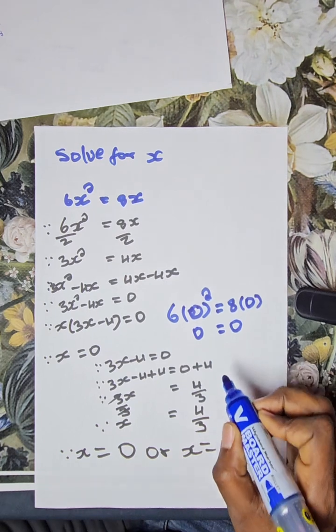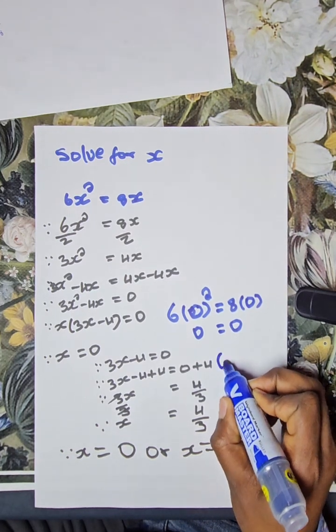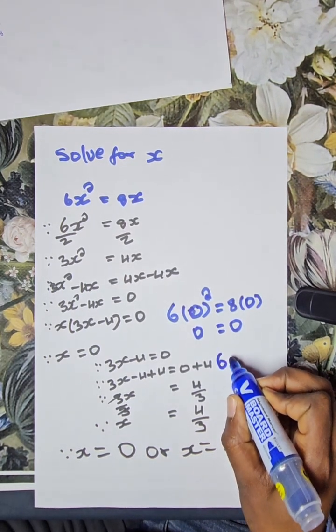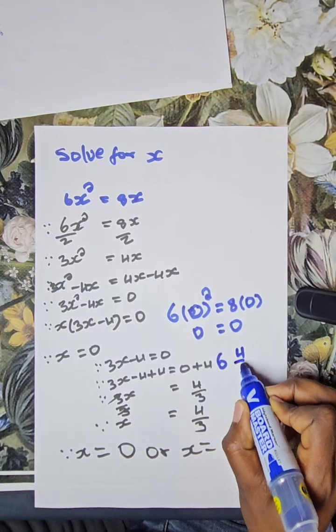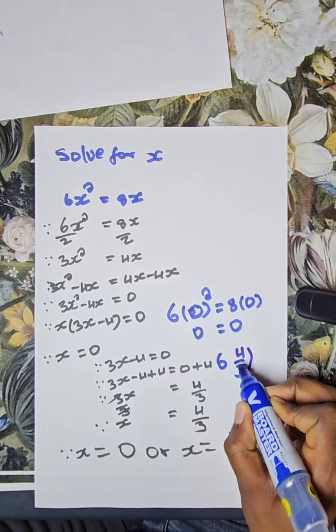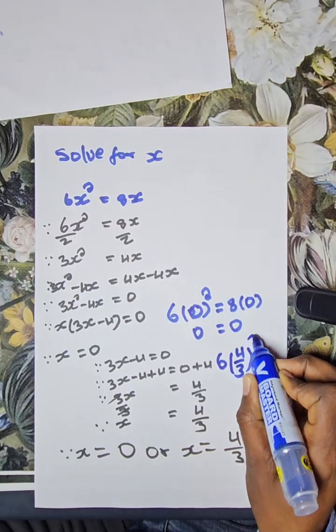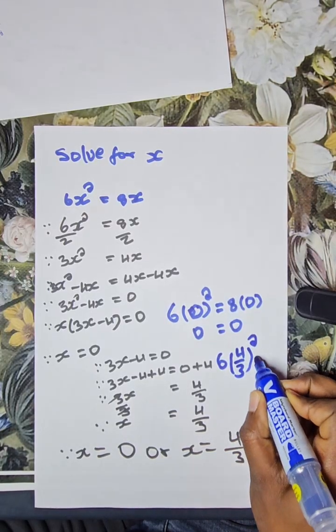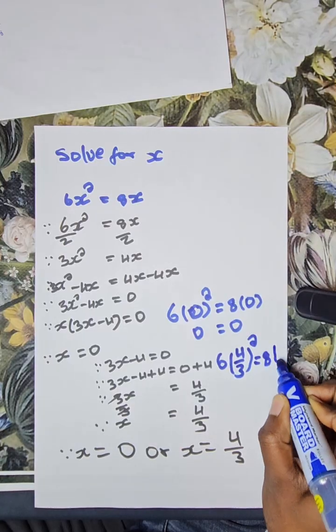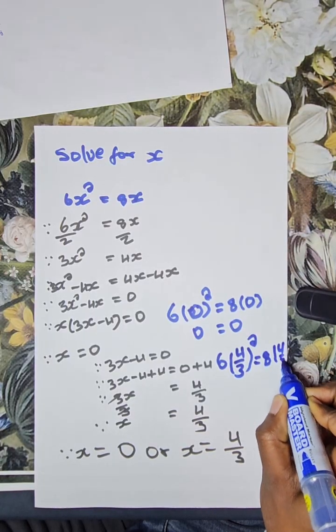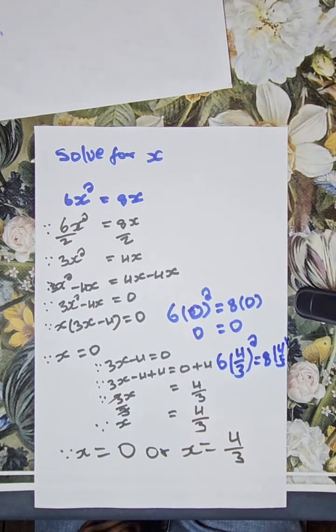If I take 6 and substitute 4 over 3 in place of x, all squared, equal to 8 also times 4 over 3. This side is not squared.